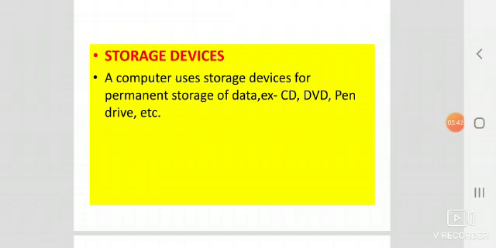Then comes the storage devices. As it is clear from the name itself, these devices store or save the information. Some of the storage devices are CD, DVD, pen drive, etc. They store data and can be used whenever needed.